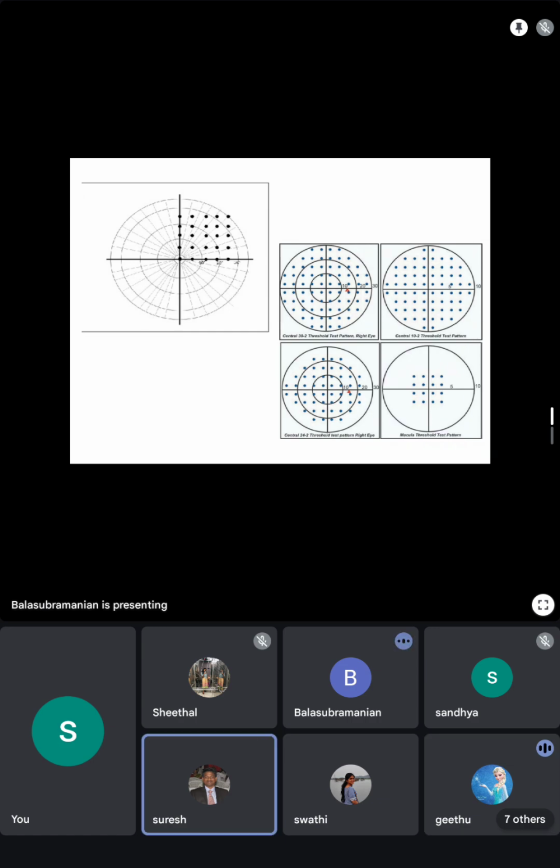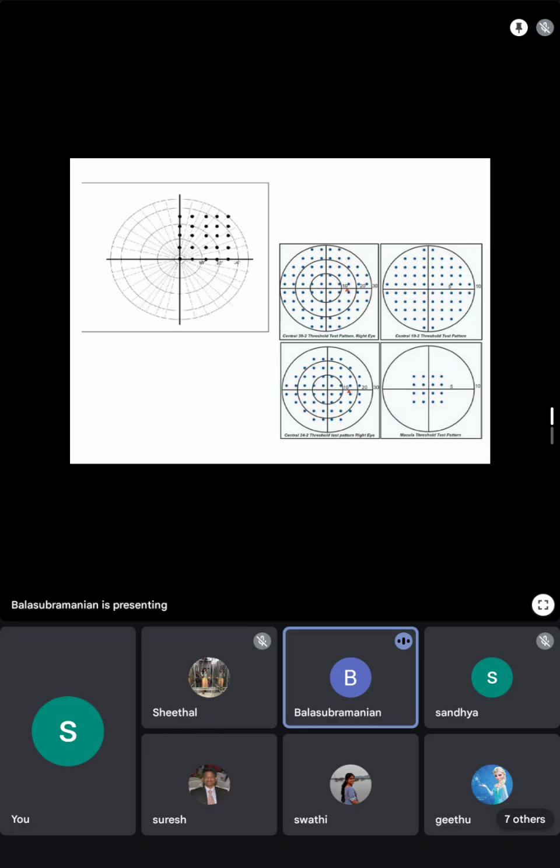Exactly. So the central 6 degrees of resolution will be covered. 60-degree resolution is there in both. But since it lies on either side of the meridians, ma'am, it will cover more points compared to 30-1.